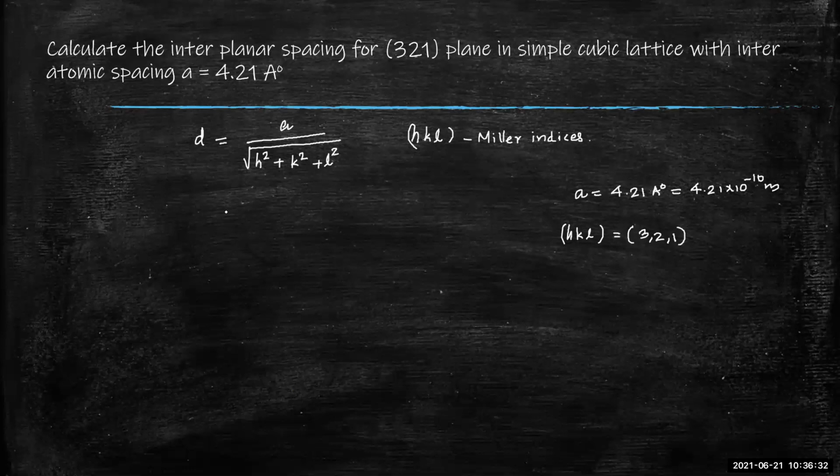Okay, then this is a direct substitution, that is 4.21 into 10 raised to minus 10 divided by root of 3 square plus 2 square plus 1 square, that is equal to 4.21 into 10 raised to minus 10 divided by root of 14.